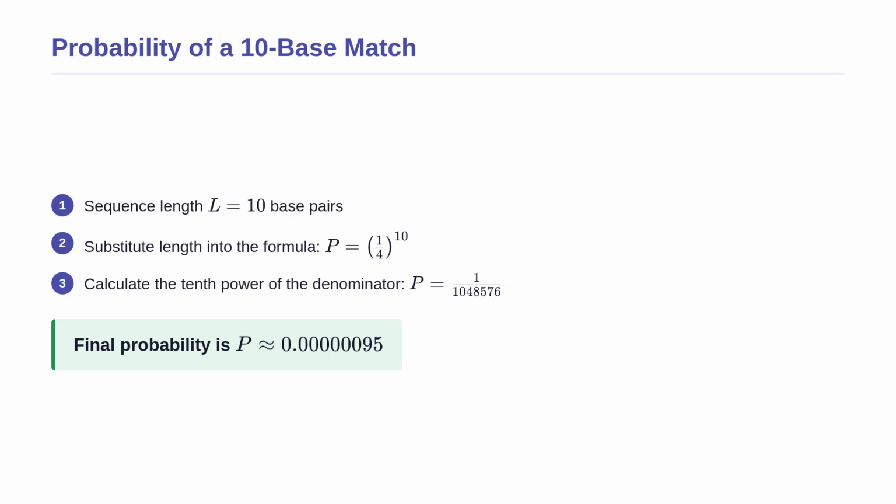Calculating 4 raised to the power of 10 gives us exactly 1,048,576. Converting this fraction to a decimal gives a final probability of approximately 0.0000095. This incredibly small number tells us that finding this exact sequence by random chance is extremely unlikely.